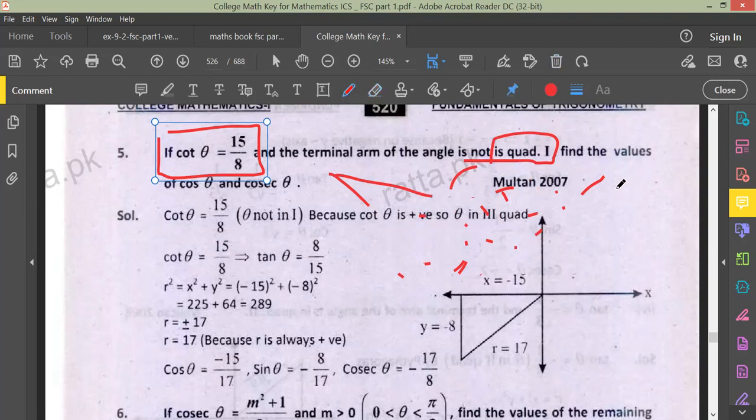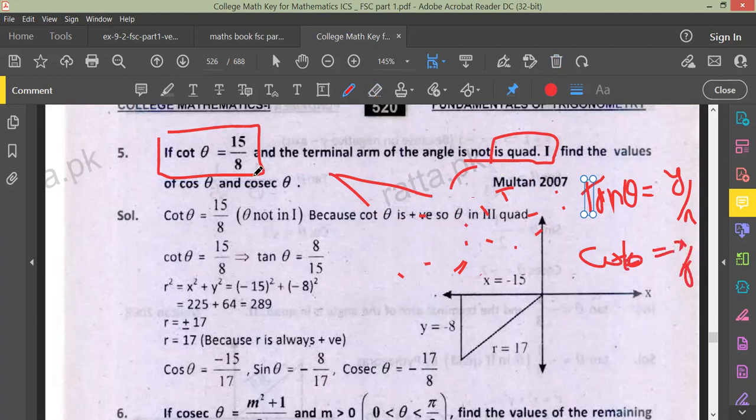We know that tan theta is equal to y over x. So cot theta will be equal to x over y.